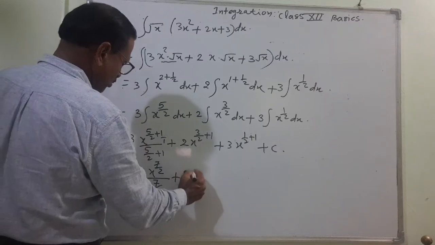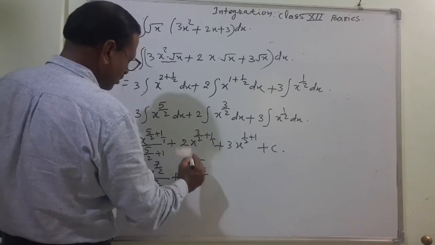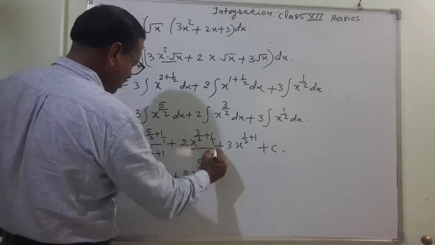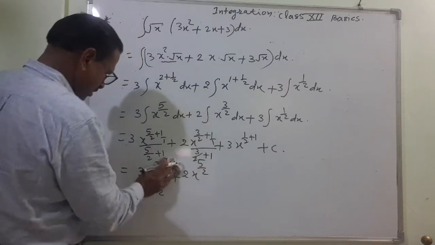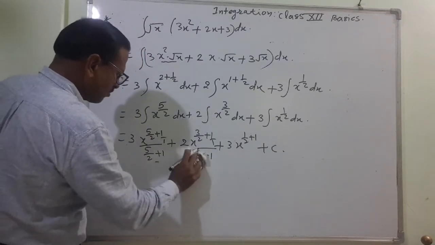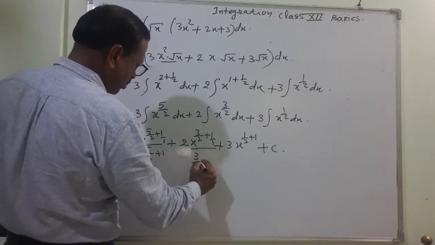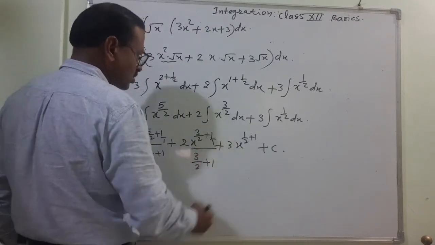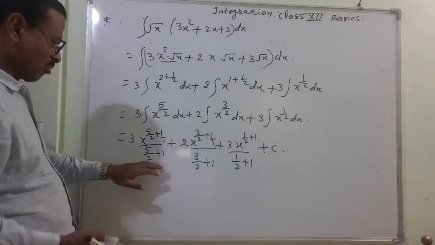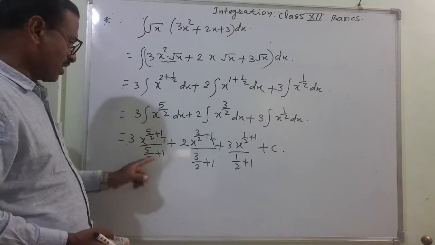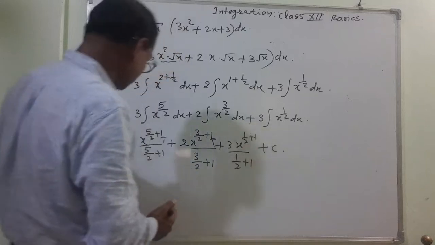Plus 2 into x raised to 5 upon 2, upon 3 upon 2 plus 1. This has become very flimsy now, I will clear it properly. 3 upon 2 plus 1, for this also 1 upon 2 plus 1. The denominators are all remaining: x raised to n plus 1 upon n plus 1.